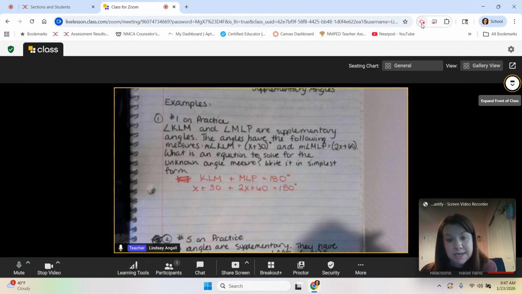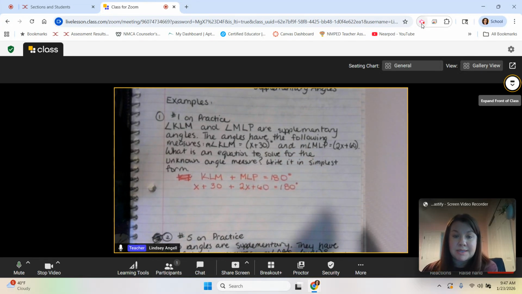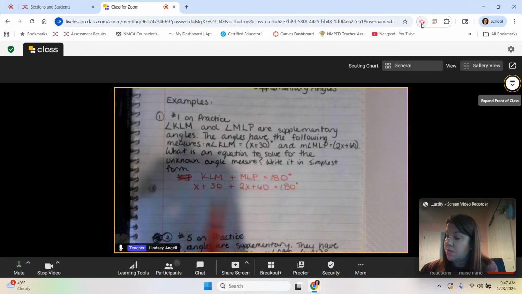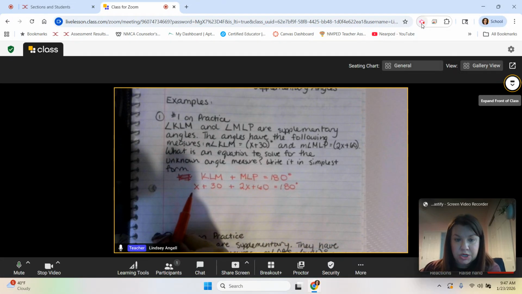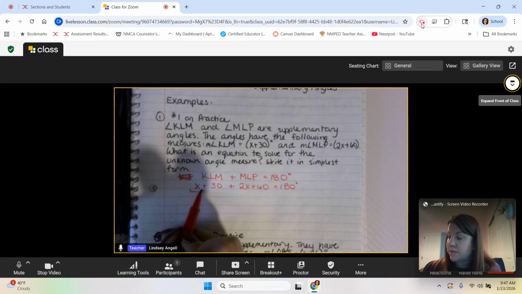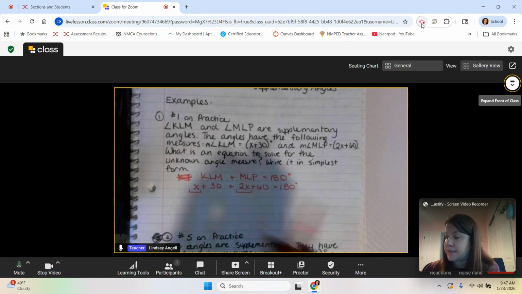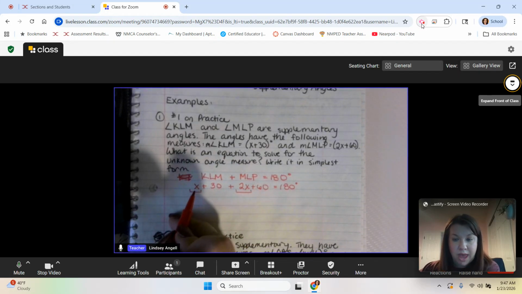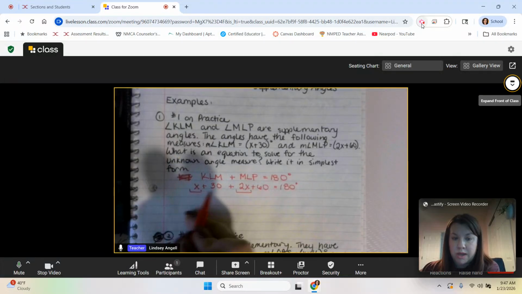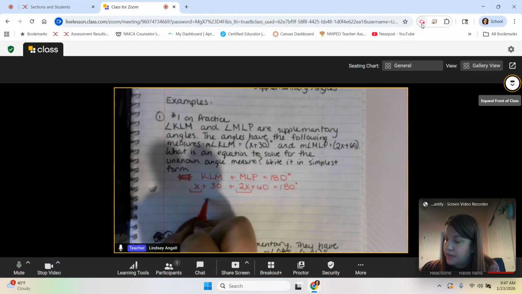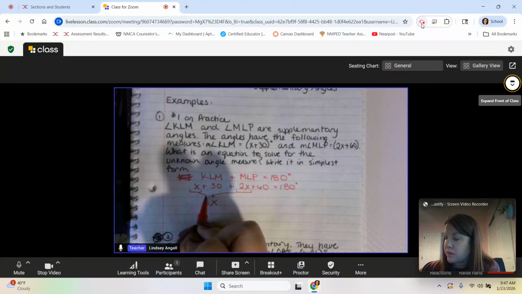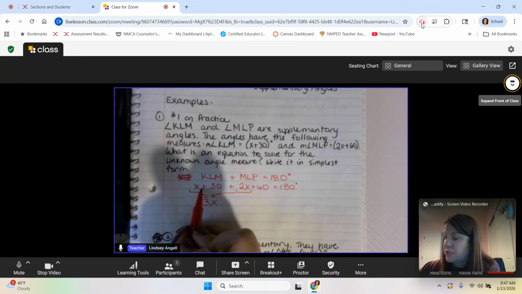Okay, but we're not done here. It says to write it in simplest form, so we need to combine like terms. So notice we have an x and a 2x. Well, if you have x, that means you have 1x, so 1 plus 2 is 3, so we would have 3x. And then we have two constants.